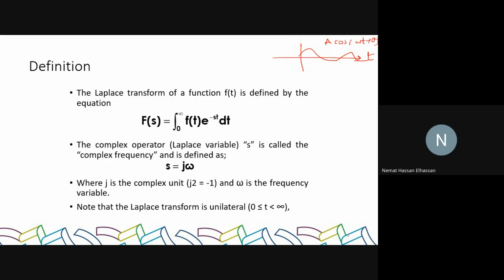Where the value of this peak is A, the phase shift is the time between its start and its actual zero, and this omega is 2 pi over T, where T is one full cycle. You remember that? We discussed that time, T, the cycle, is another way to represent omega, the angular frequency, right? So even though mathematically this is basically f of t, a function of time, it can also be represented as a function of frequency, right?